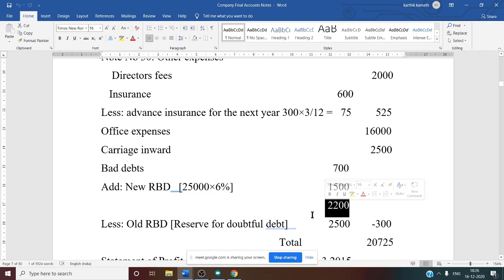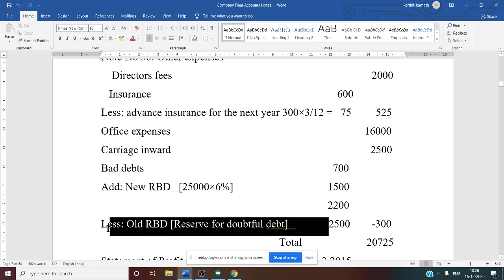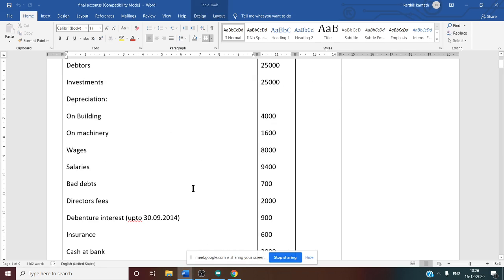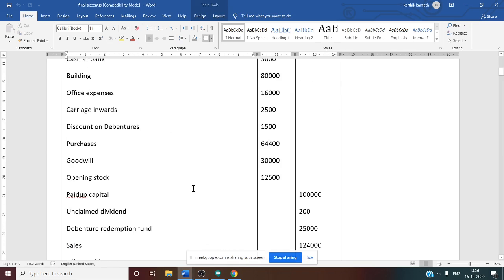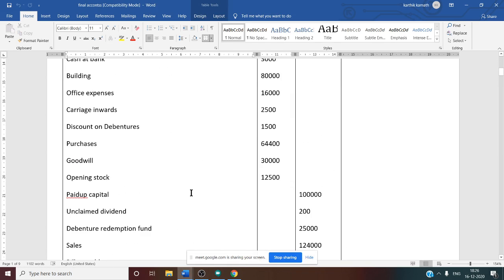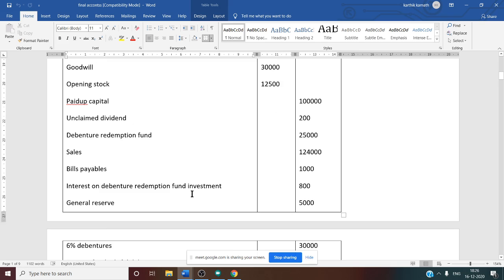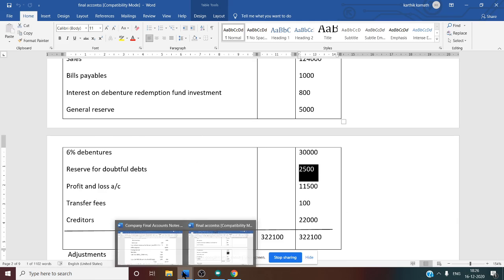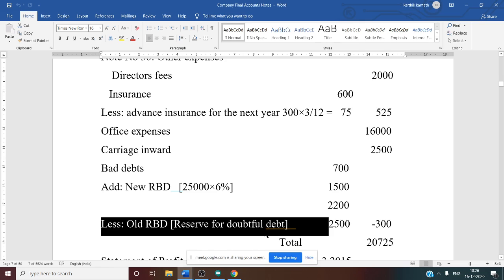Yes, from this you have to deduct old RBD. Old RBD means the RBD which is already there in the trial balance, reserve for doubtful debt already there. Where it is given, we have to check. See this in the trial balance. Yes, see this one. Reserve for doubtful debt 2500. So that is old RBD. You have to deduct that information.